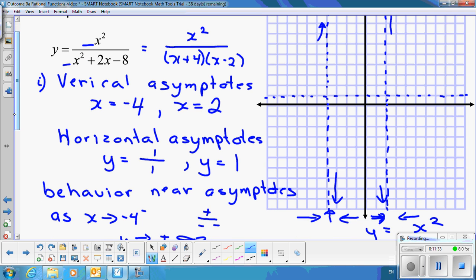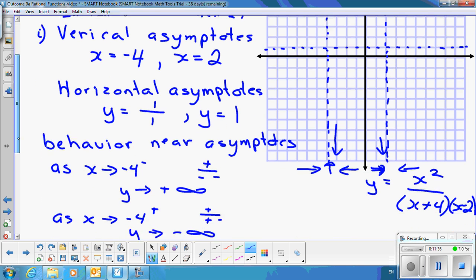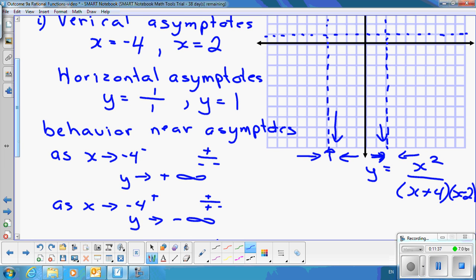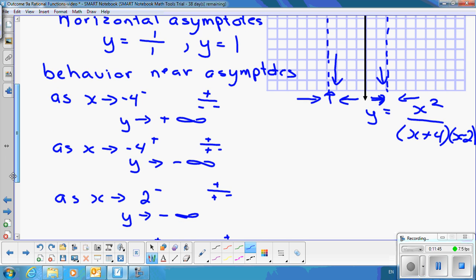To do that, if it crosses that asymptote, then this is y equals positive 1. So if I substitute in positive 1, I should be able to find the point where it crosses, if it does indeed cross. So we're going to test at our horizontal asymptote, which is positive 1.